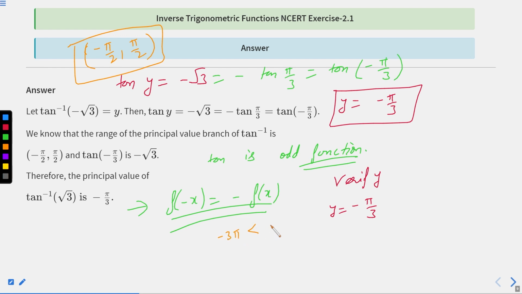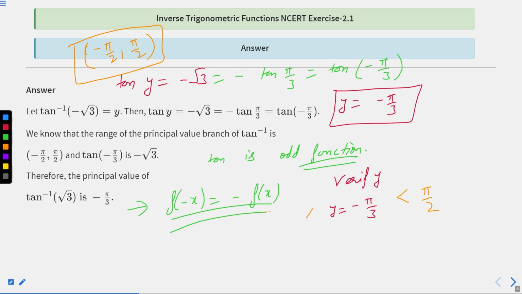Just divide by 3 on both sides, you get this, and now divide by 2 on both sides, you get this. From this, you can say that minus pi by 3 is greater than minus pi by 2. So the value of y, which is minus pi by 3, is less than pi by 2 but greater than minus pi by 2.